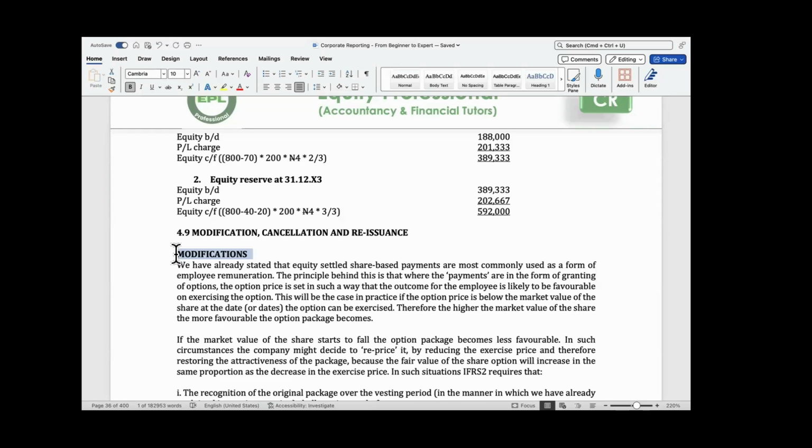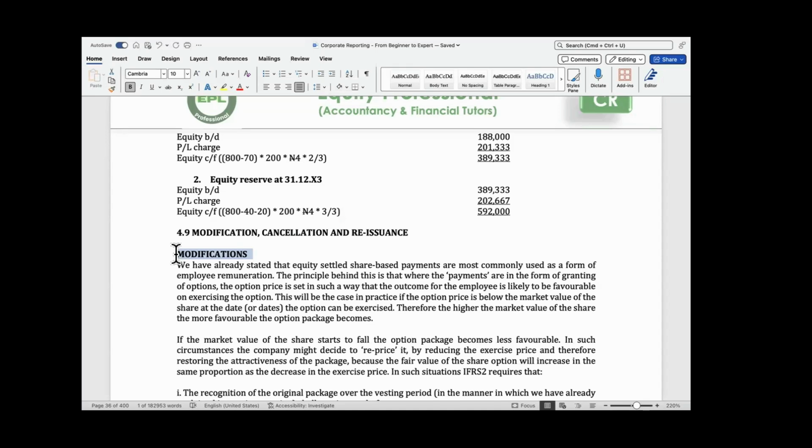But when they tell you, you should not be surprised, because you should know that naturally that is what will happen. Because when the exercise price reduces, the fair value of the share option at the grant date would also increase by the same proportion, which goes to show that this equity settled transaction is now more valuable.